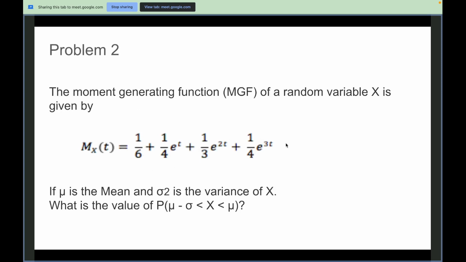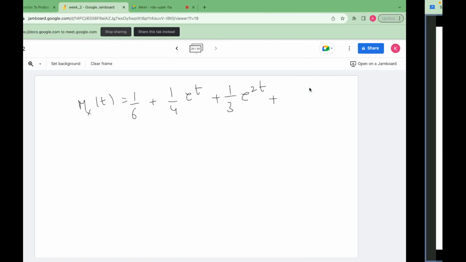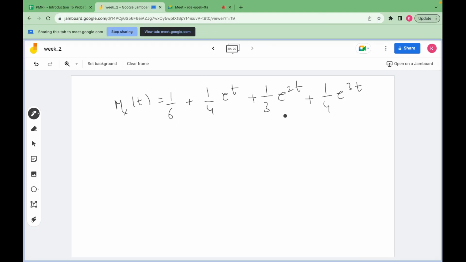We are given the moment generating function, and we are asked: if mu is the mean and sigma square is the variance of X, then what is the value of the probability that X ranges from mu minus sigma to mu? So this is the moment generating function we are given.